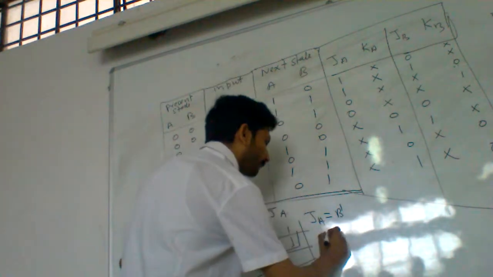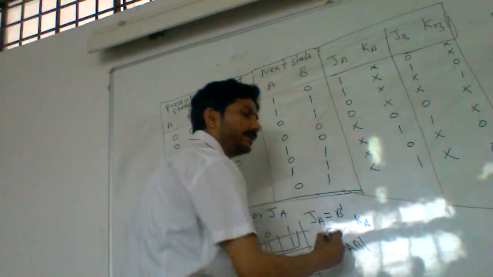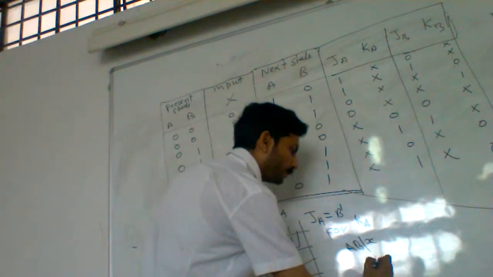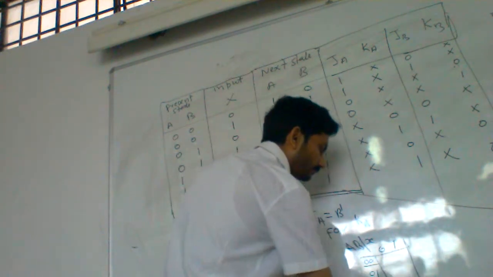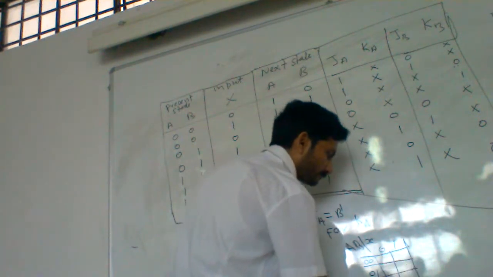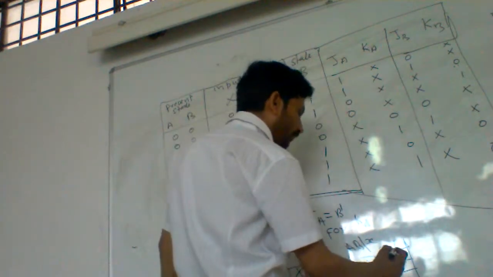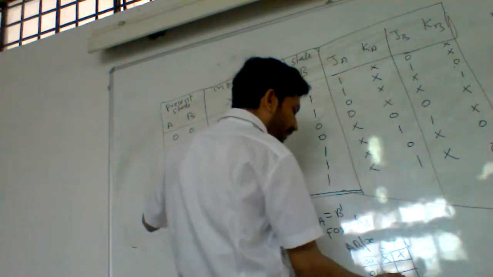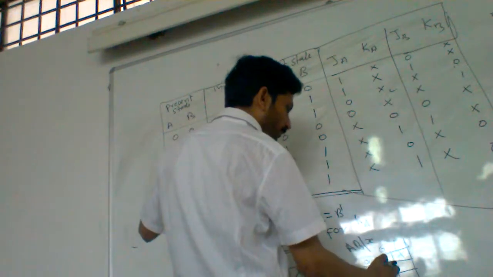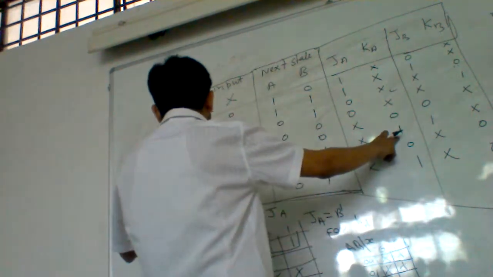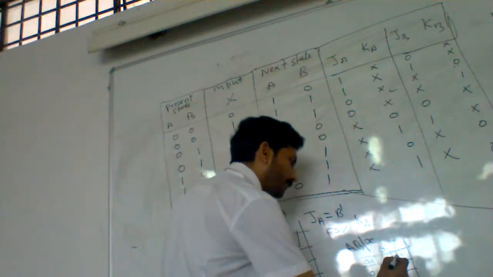Similarly, find the value for KA. For KA, AB on one side and X on the other. Complete the entries here. At 0 0 0 and 0 0 1 there are don't cares. At 0 1 0 and 0 1 1 there are don't cares. Then 1 0 0, 1 0 1, 1 1 0, and 1 1 1 have the values. So form a group of these rows.